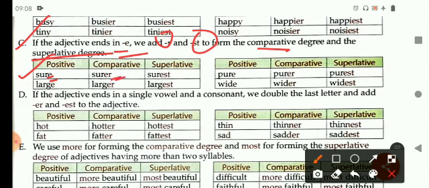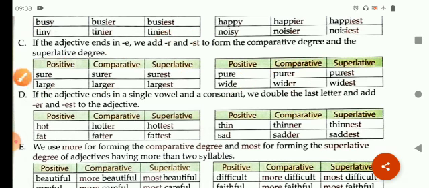Here the letter r is added to make the comparative degree of sure, surer, and the letters st are added to the word sure to make the superlative degree. Now surest, this is the superlative degree of sure. In a similar way, large, larger, largest, pure, purer, purest, wide, wider, widest.